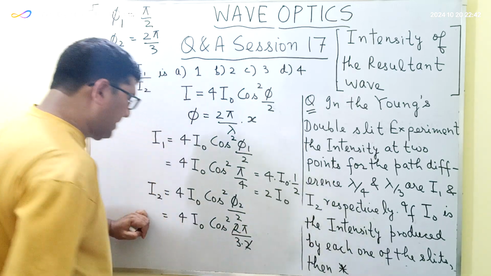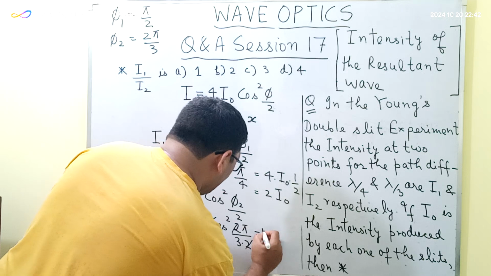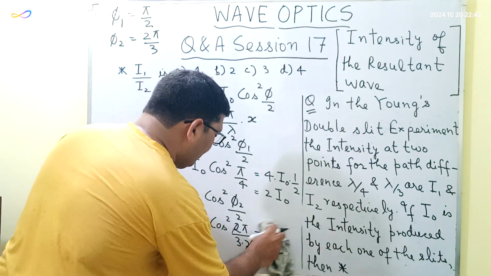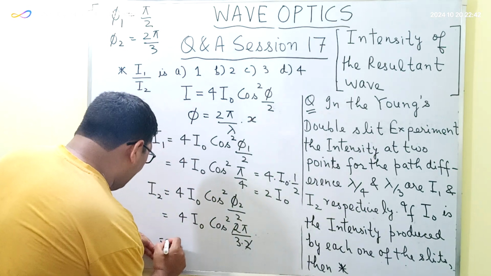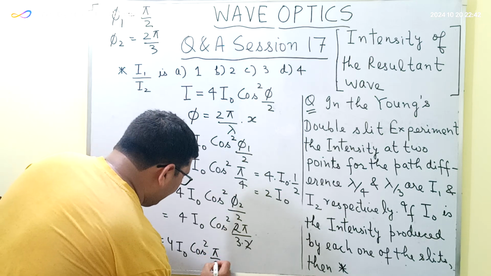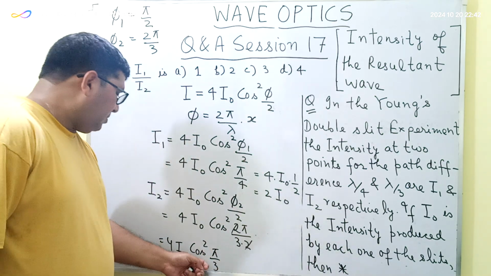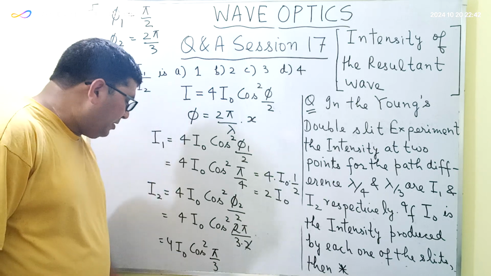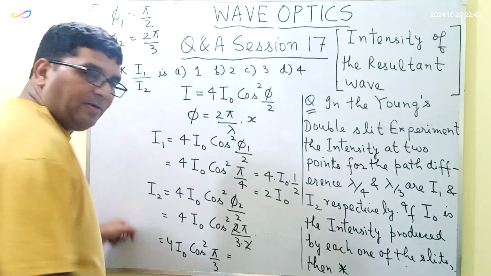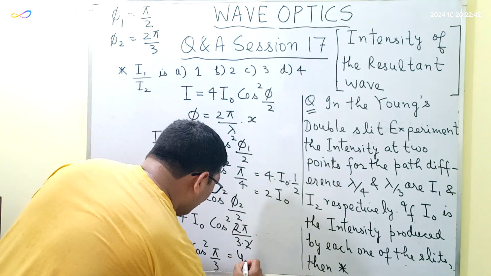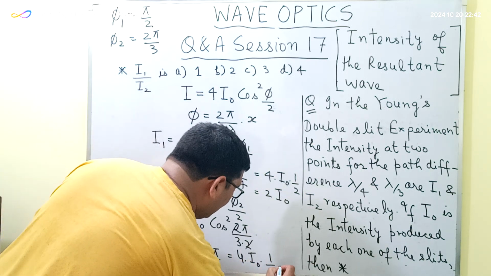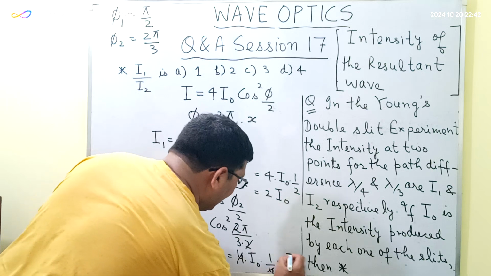So this 2 and 2 will get cancelled out. So I will be getting the value as 4 I0 cos square pi by 3. Now pi by 3 is equal to 60 degrees. So the value of cos 60 is equal to 1 by 2. So this will be equal to 4 I0 into 1 by 2 whole square, which is equal to 1 by 4. So finally I will be getting the value as I0.